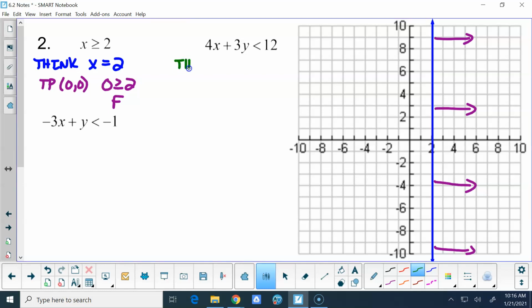Thinking on this one, 4x plus 3y equals 12, so that would be 3y equals negative 4x plus 12, and y equals negative 4 thirds x plus 4. It's going to be a dashed line.